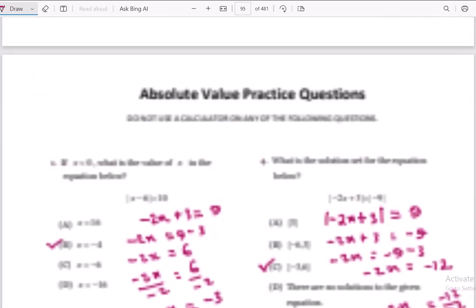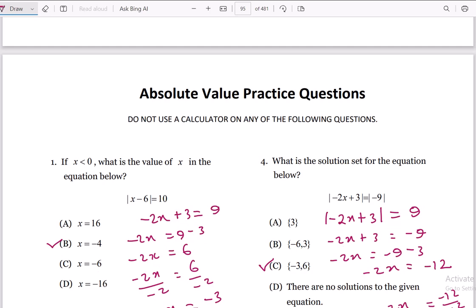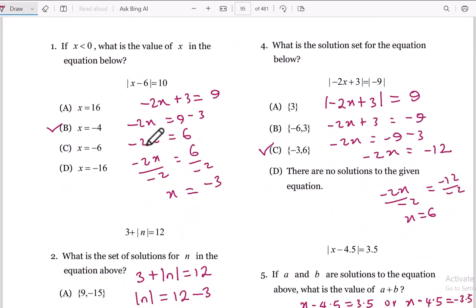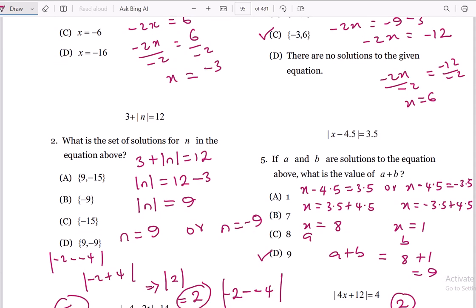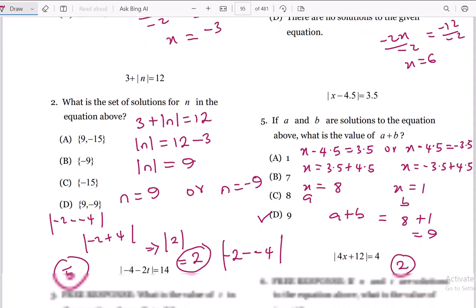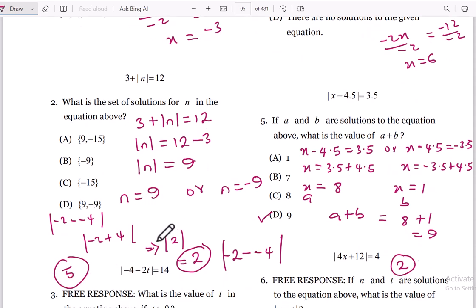Number one, we said B, so we got number one. Number two, we said 9 and minus 9. I didn't even mark it. So that's D.